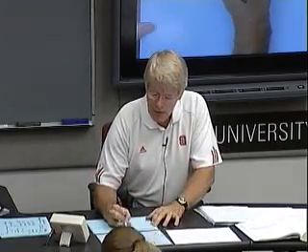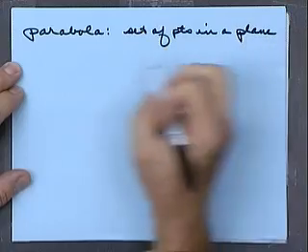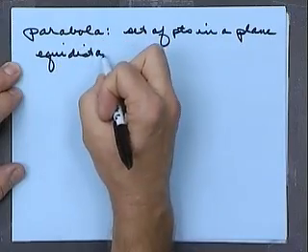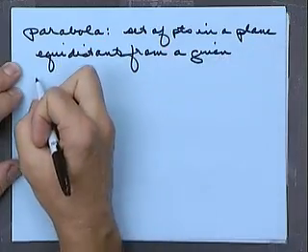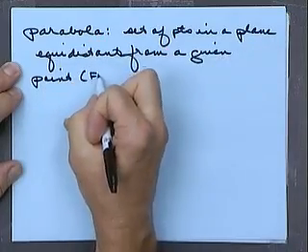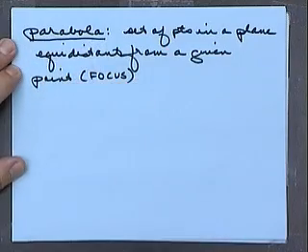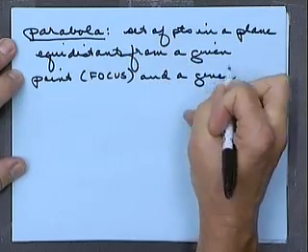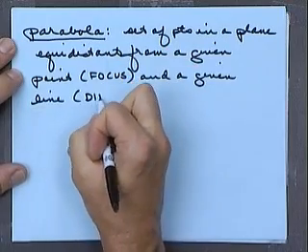It's a set of points in a plane equidistant from a given point, which is called the focus, and a given line. Anybody remember that name? Directrix. Thank you.